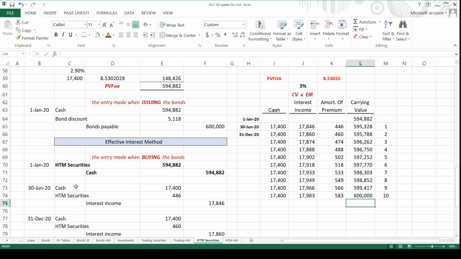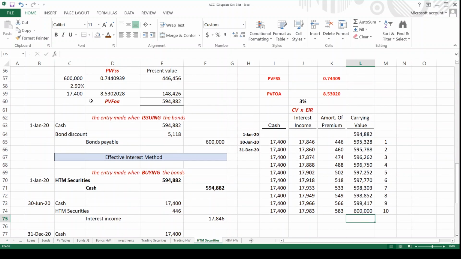Well, we got the cash. The cash is what? It's etched in stone. It's 2.9% of 600,000. So the annual rate is 5.8. So we debit our favorite account, cash. We credit interest income for how much? For, you guessed it, the carrying value times the effective rate, the market rate, or the yield.